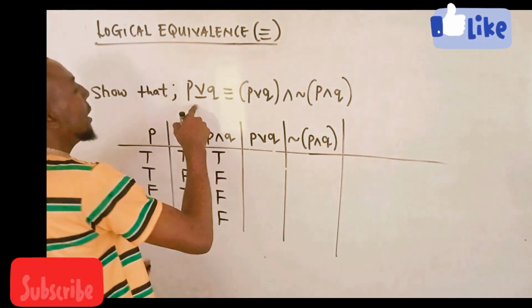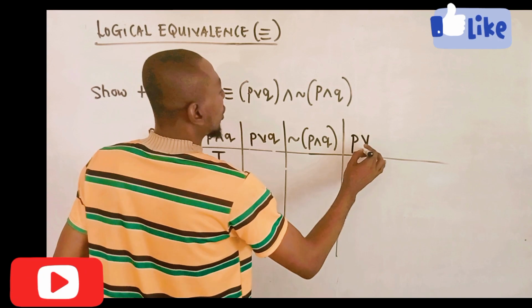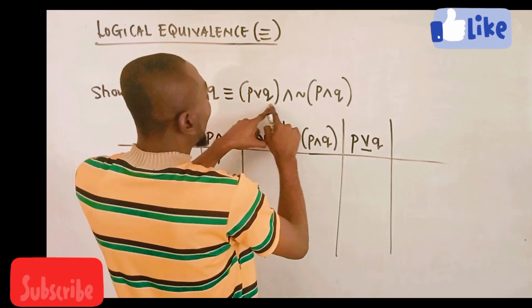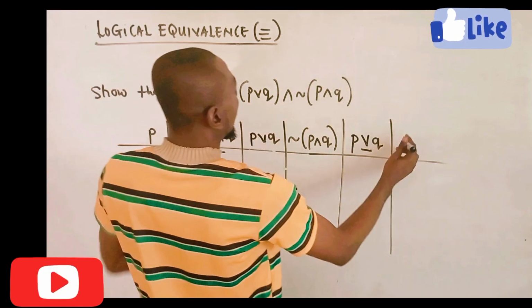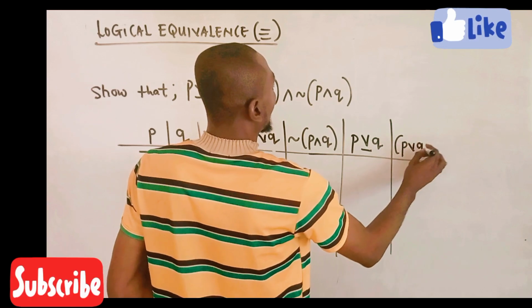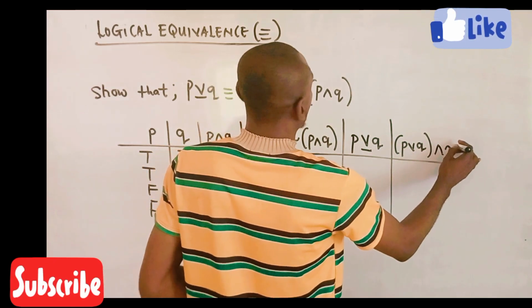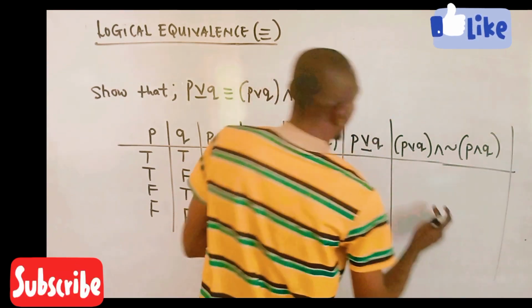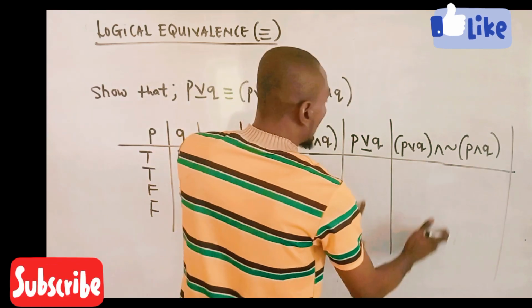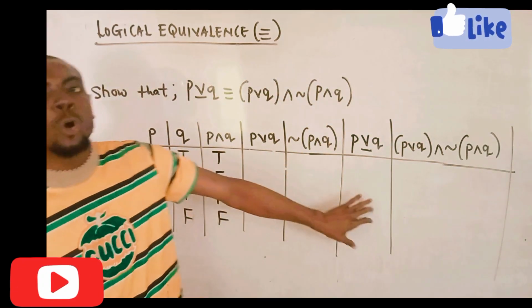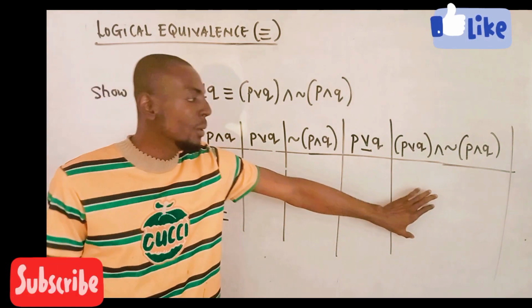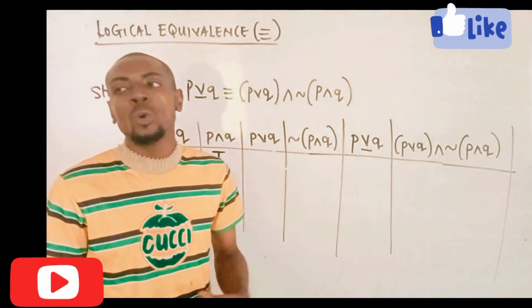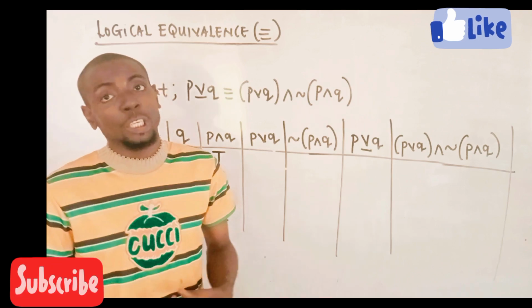So here is P exclusive disjunction Q. Then I will combine everything here to be P or Q and negation of P and Q. You see the two things we are comparing appearing at the last column. We can look at both of them to know whether they contain the same truth values before we conclude that they are logically equivalent.